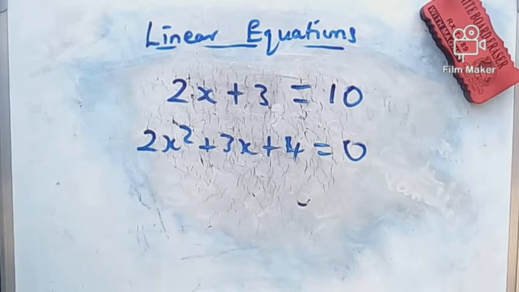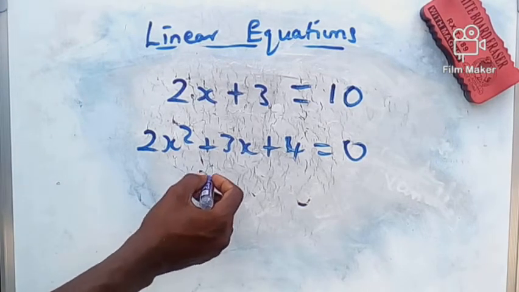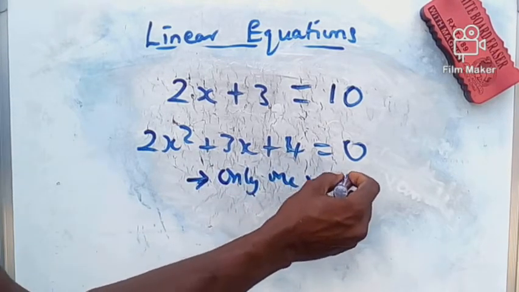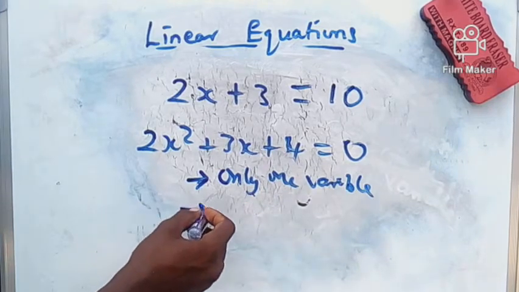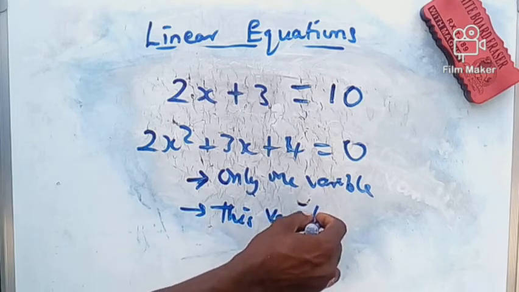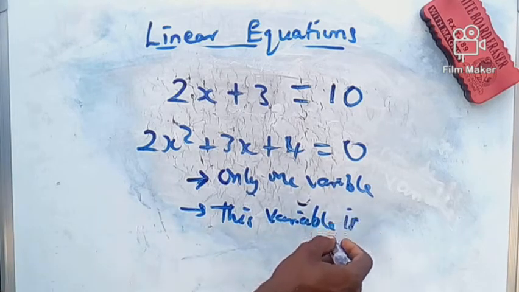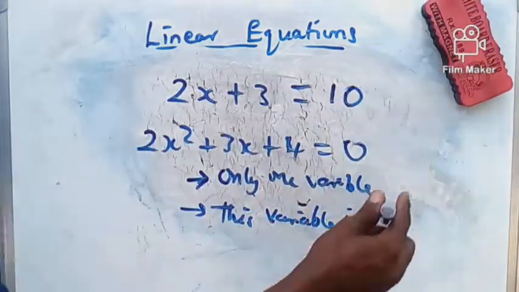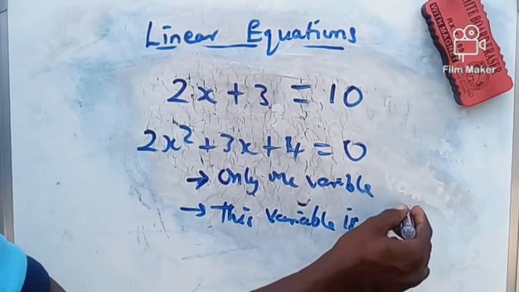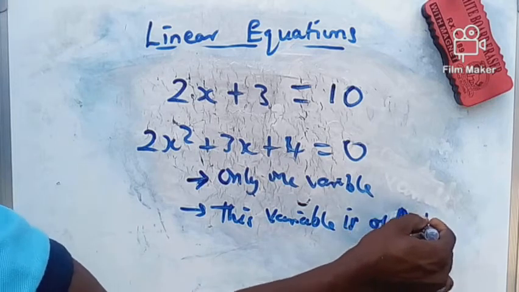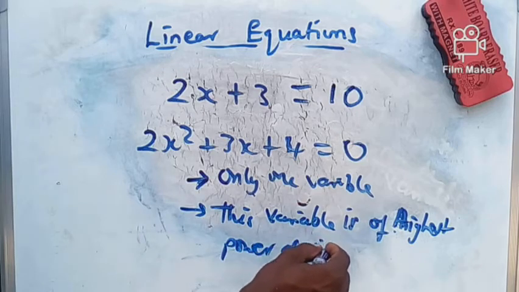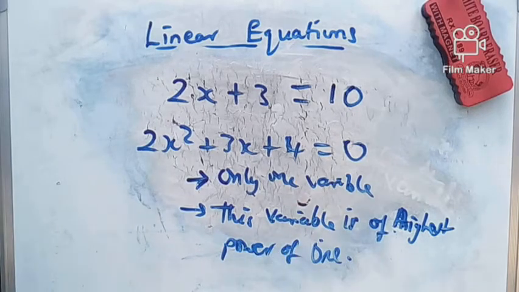The simple basic rule is that a linear equation, first of all, has only one variable, and that this variable is of the highest power of 1. It doesn't exceed that.